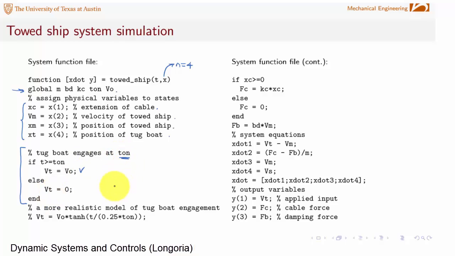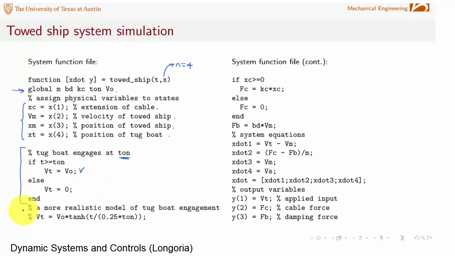Okay, so I wanted to show you here one way that you can include command or input type commands, as using basic conditional statements within the function file, right? Because you want this to happen, as it's being simulated and solved by the equations.